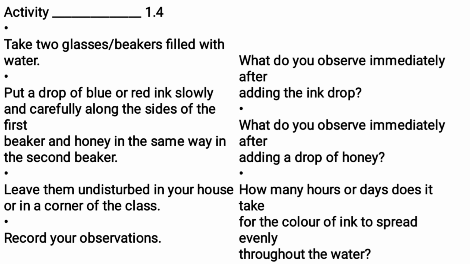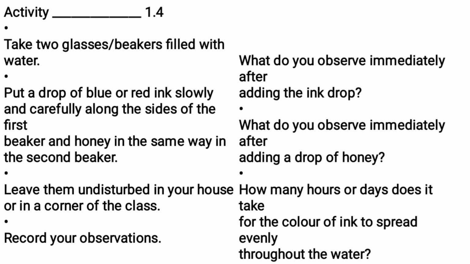We'll go to the next activity, that is activity 1.4. Take two glasses or beakers filled with water. Put a drop of blue or red ink slowly and carefully along the sides of the first beaker and honey in the same way in the second beaker.